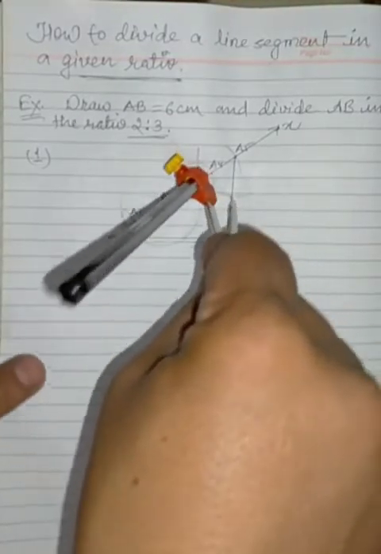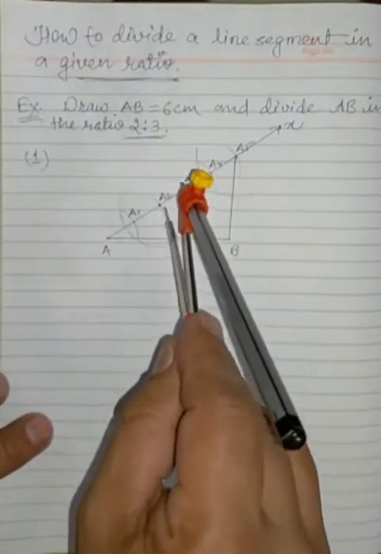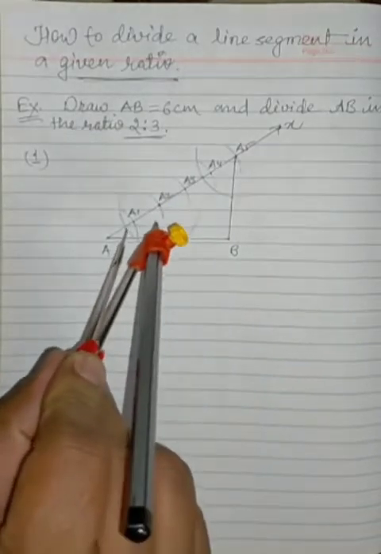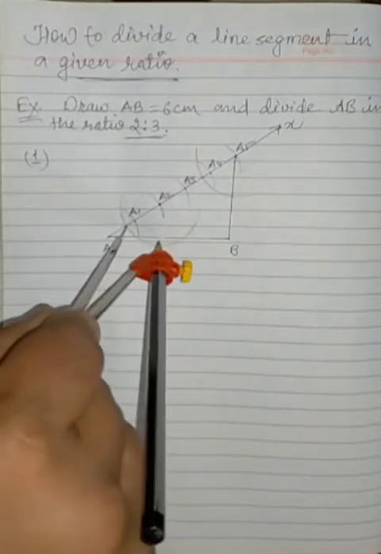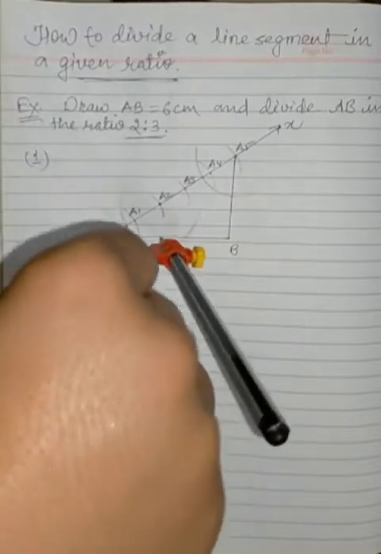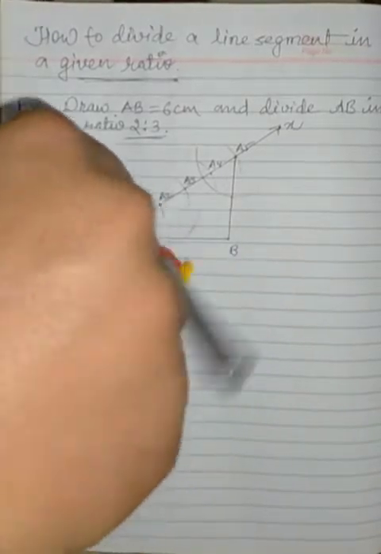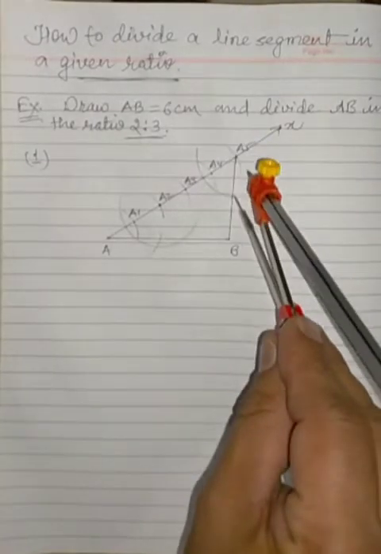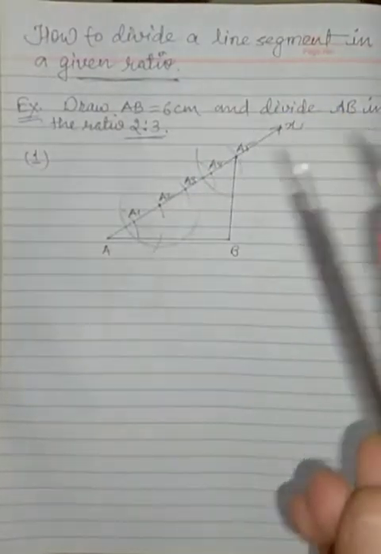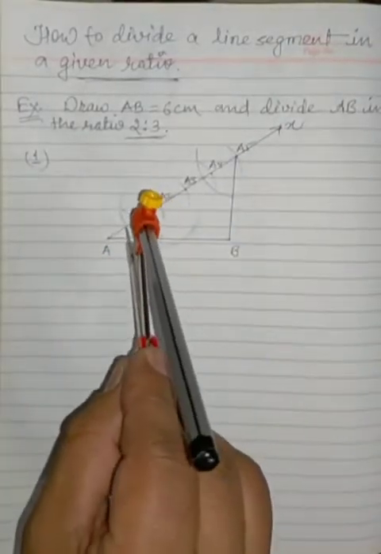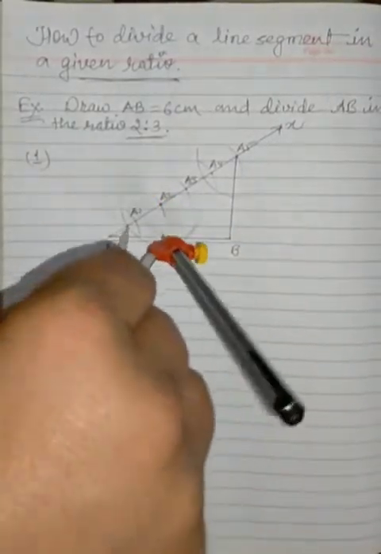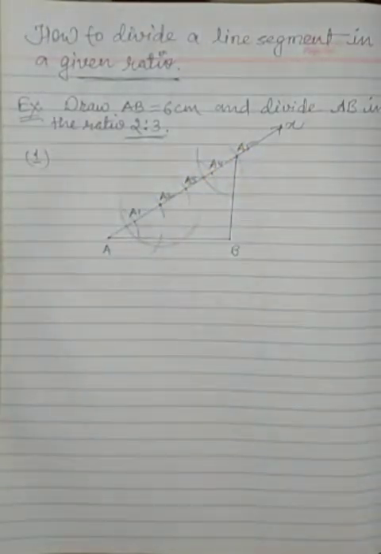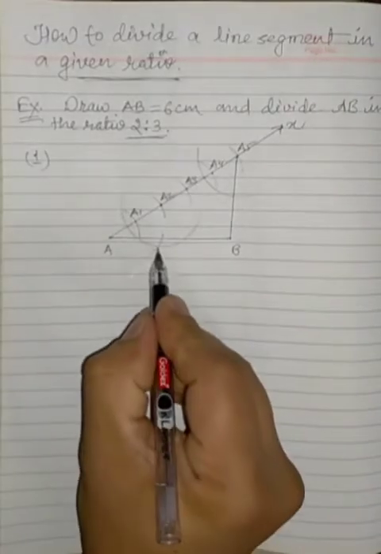Now we had drawn an arc from A2 which intersected this ray here. From here you will draw an arc of the previous length, that much length that we measured, which intersects the previous arc. Now here we have got a point, this one.